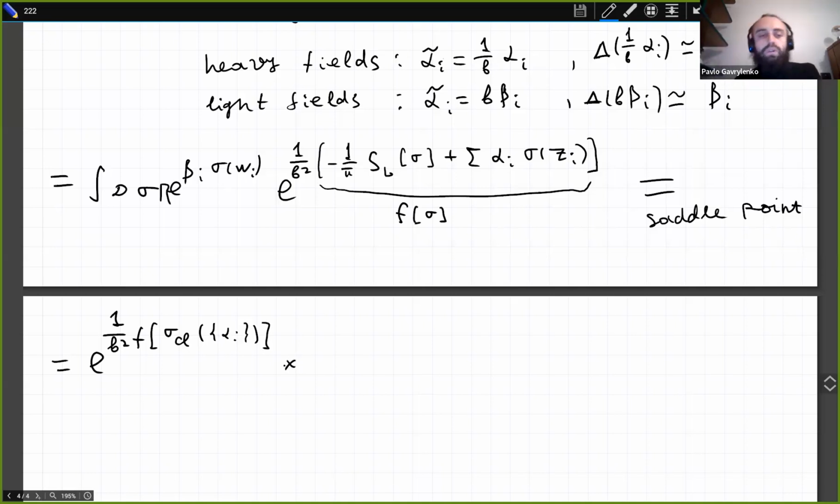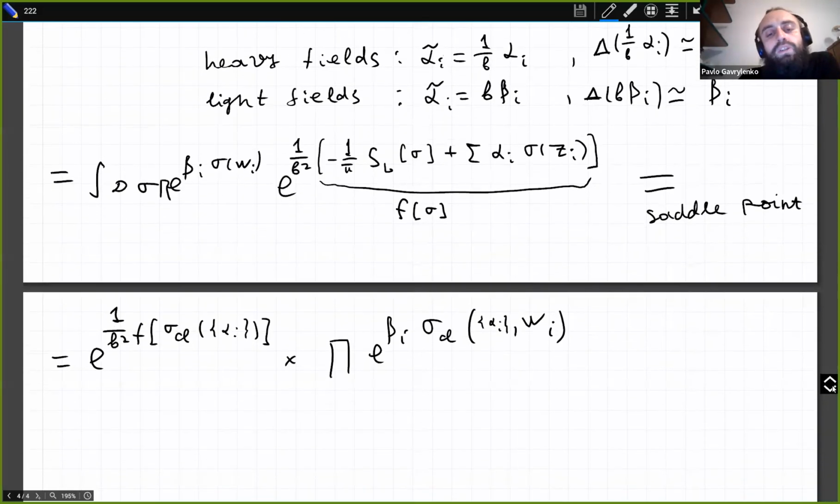Times the product of these exponentials e to beta I sigma of sigma classical of all these alphas computed at point Wi. So there is such a decoupling.